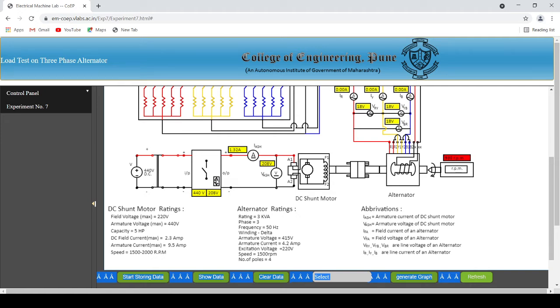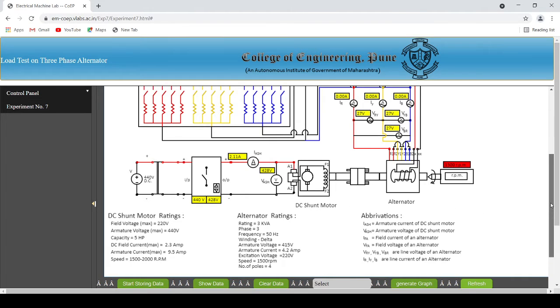Let us increase till we get 1500 RPM. See the value here, it's 1050 now. Nearing 1200. Yeah, that's right. 1500 RPM as per the rating given here.